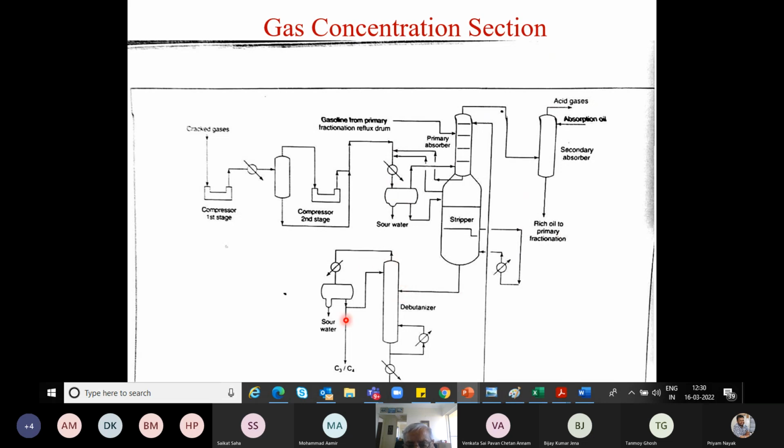So this is like a naphtha stabilizer or debutanizer, where you separate out the LPG. This column operates at pretty high pressure, about 12 to 15 bar. So you separate out the LPG from the top and the gasoline from the bottom. This is how the whole separation takes place.